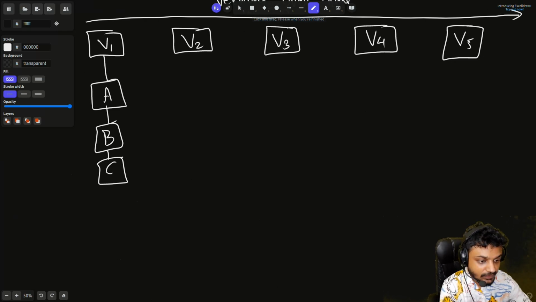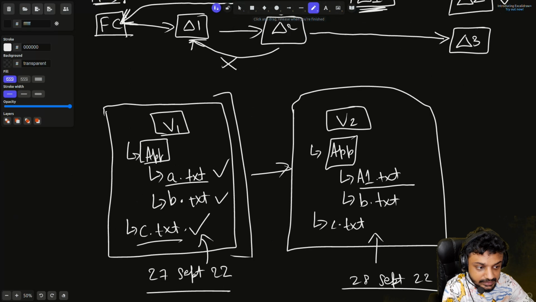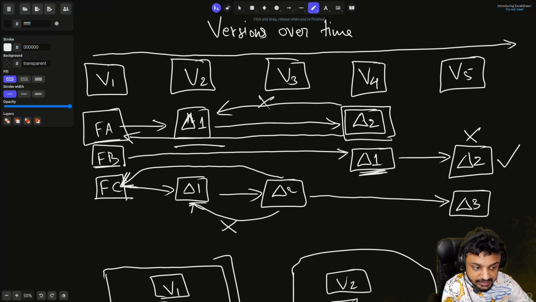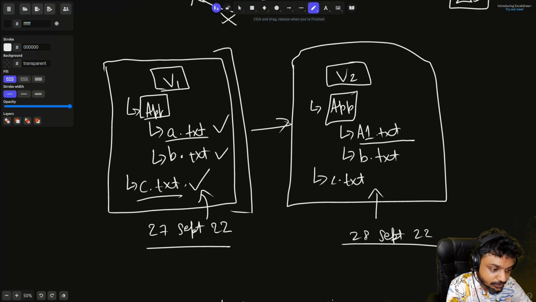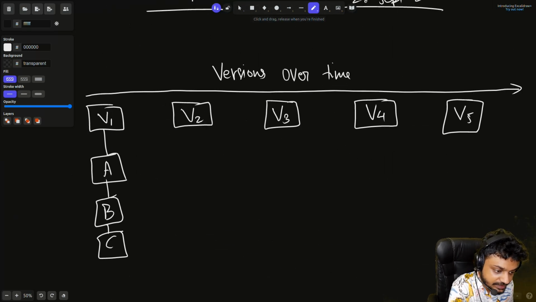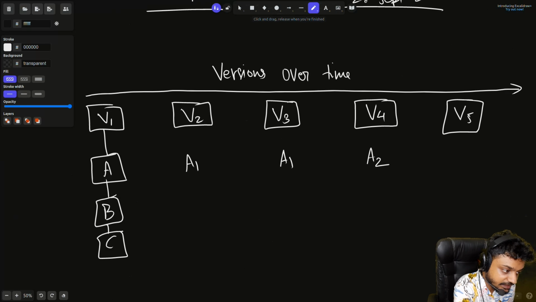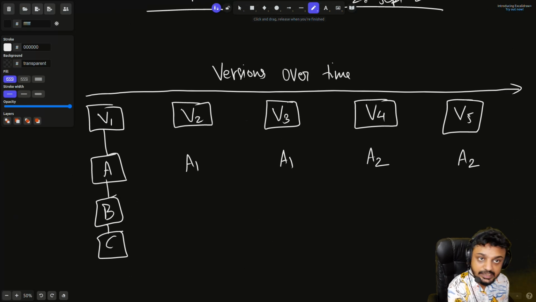Now earlier in file A we made a change here in v2, right? We made a change here and we made a change here for file A, right? So here what will happen is in v2 it will say a1, in v3 again we have a1, right? In v4 we'll have a2, and in v5 we'll have again a2, right?